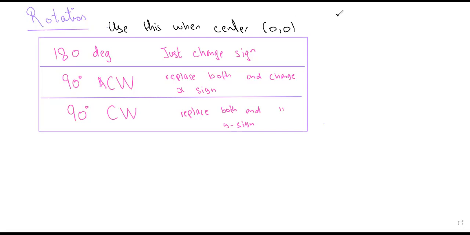So the question is, rotate the triangle XYZ 90 degrees clockwise about the center that has coordinates 0, 0.